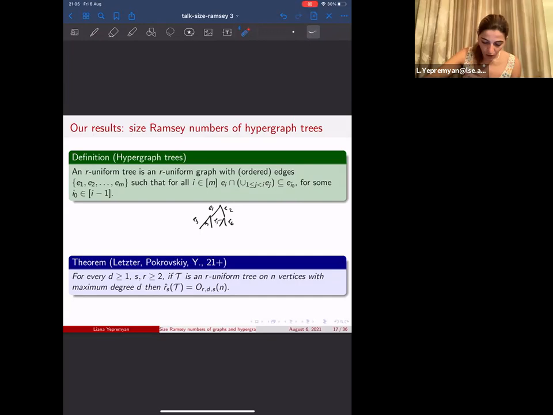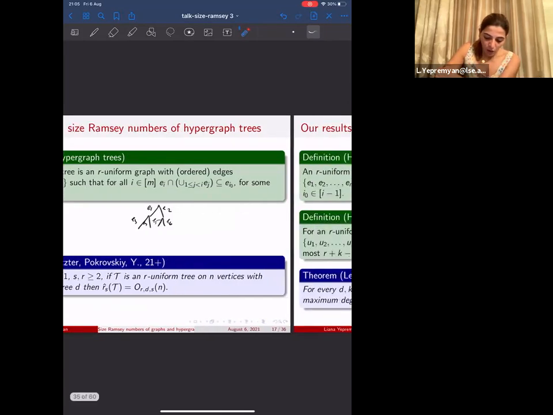What we prove is that if you take an r-uniform tree on n vertices and the maximum degree is bounded, its size Ramsey number is also linear. It is important that the maximum degree is bounded, because the example that Rödl and Szemerédi had for graphs can also be generalized to hypergraphs, and it was generalized by Dudek et al. Indeed, we must have bounded maximum degree.